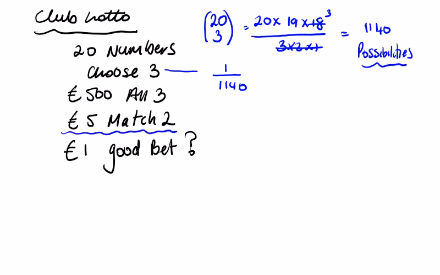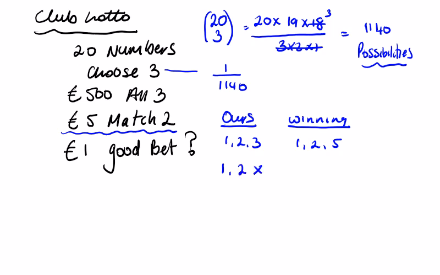Now match 2. So let's say our numbers are 1, 2, and 3, and the winning numbers are 1, 2, and 5. So how many possibilities are there of 2 winning numbers? Well, we could have a 1, a 2, and a wrong one.